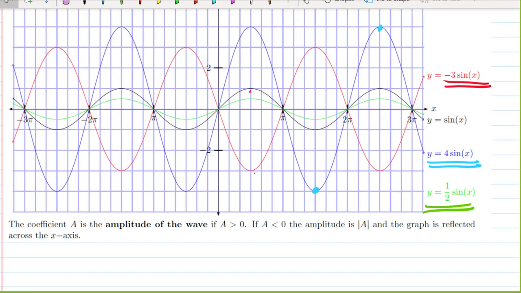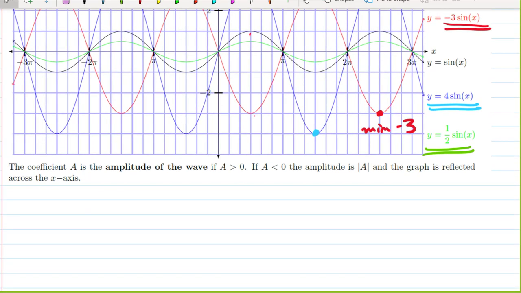So if we were to check that, let's go look at our graph right here, y equals negative 3 sine x. Well, its maximum value is positive 3. And its min is negative 3.